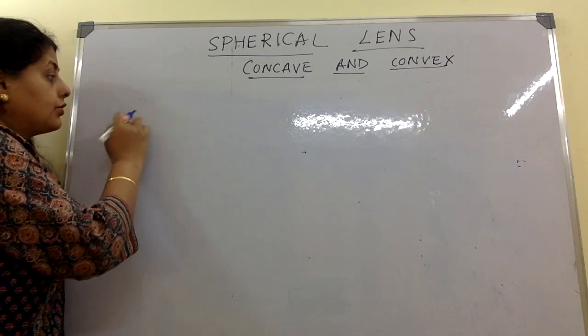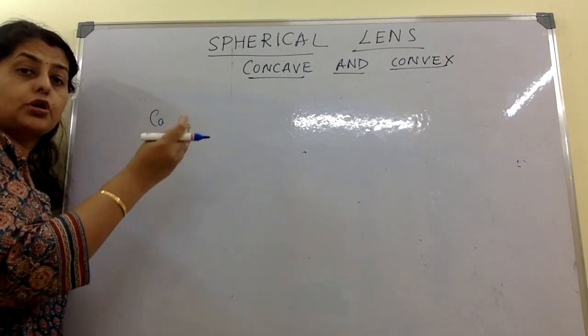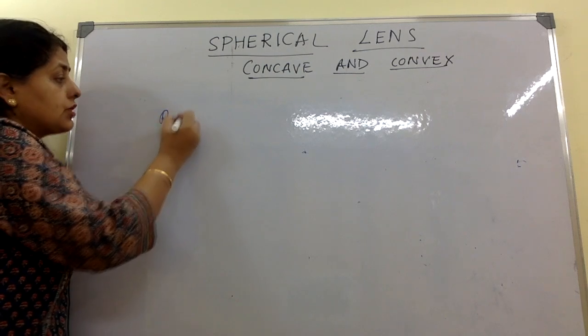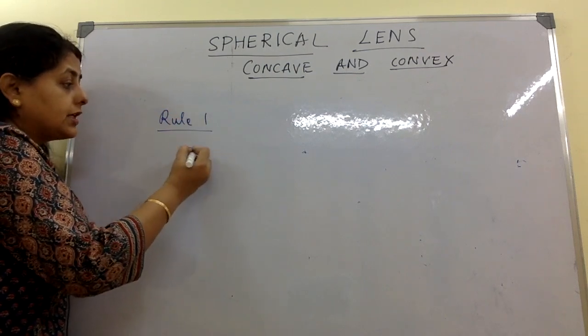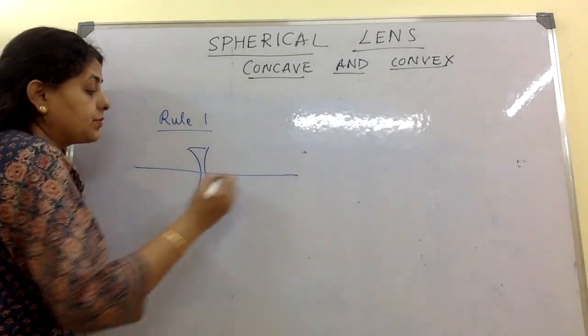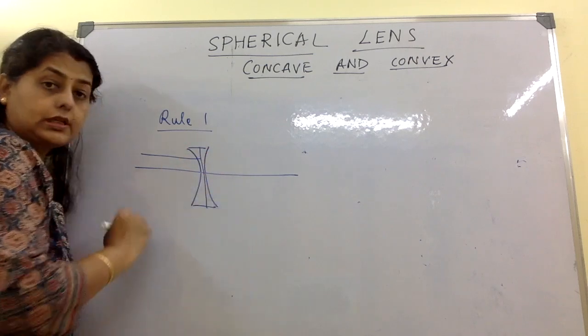Next, what we have to do is the concave lens. Here also, first we'll talk about the rules. Rule 1 for concave lens. This is our lens, and this is the principal axis. If rays are coming from infinity, here also you should draw a line.